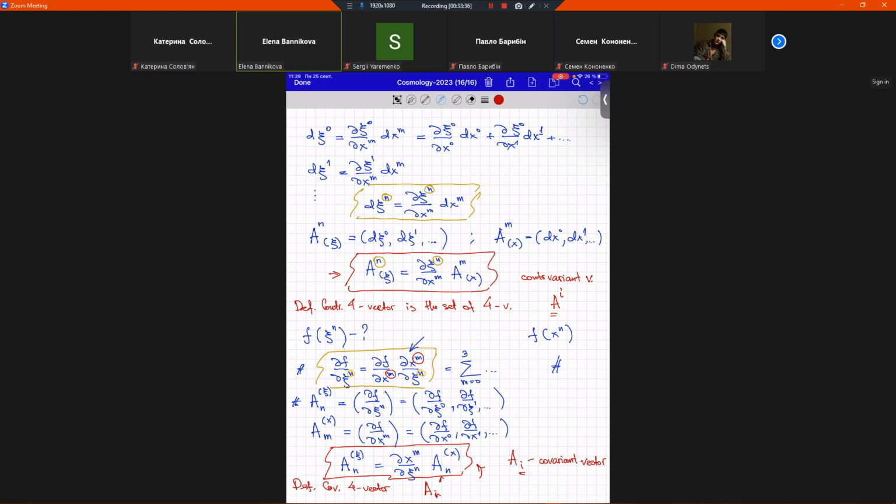So let's check now. We now have 2 kinds of vectors, covariant and contravariant. Later I will tell you about the geometrical properties of this problem, the existence of two kinds of vectors.